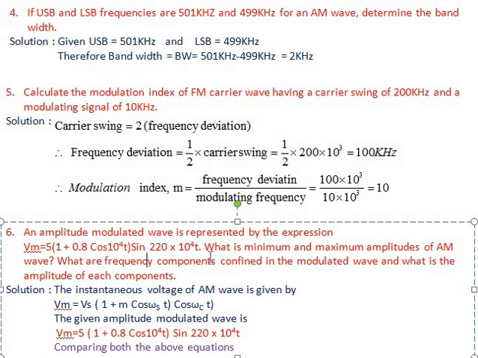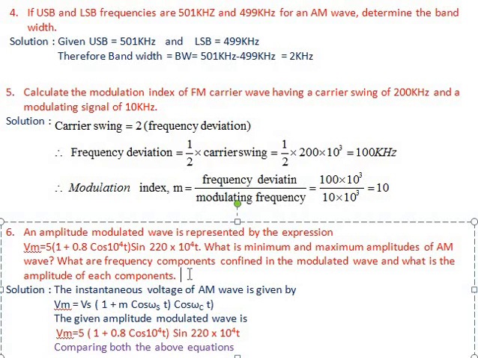Here, what is the minimum and maximum amplitude of the AM wave? What are the frequency components contained in the modulated wave? And what is the amplitude of each component?